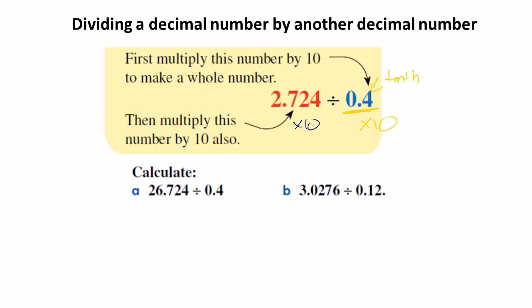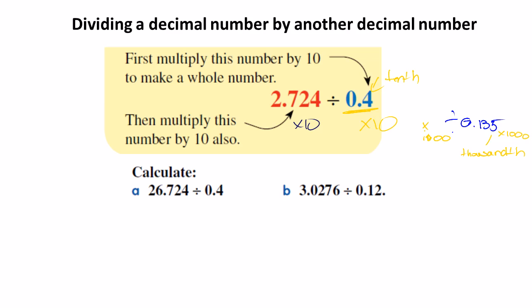If your divisor was 0.135, this is a thousandth, so I'd need to multiply that by 1,000 and whatever was here by 1,000.